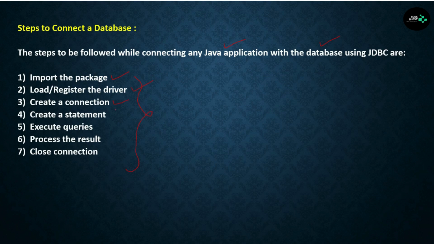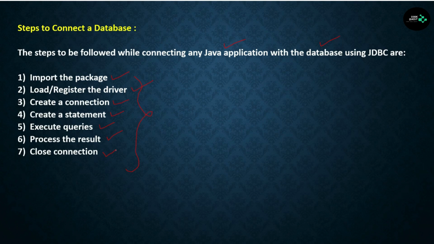Once the connectivity is done, we will create a statement, which is nothing but the SQL query to be executed. Once the statement in the form of a query is prepared, we will execute the query, and later on we will process the result, and once everything is done, towards the end we are going to close the connection.